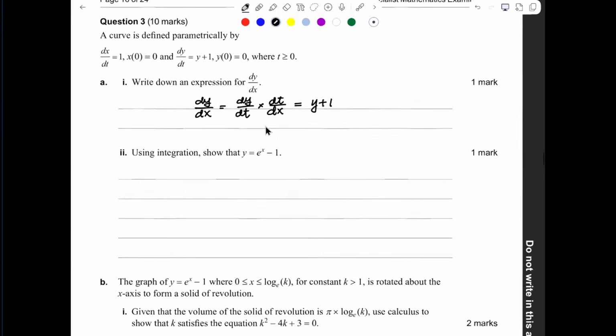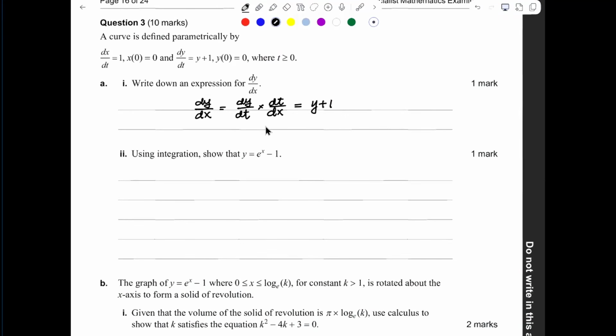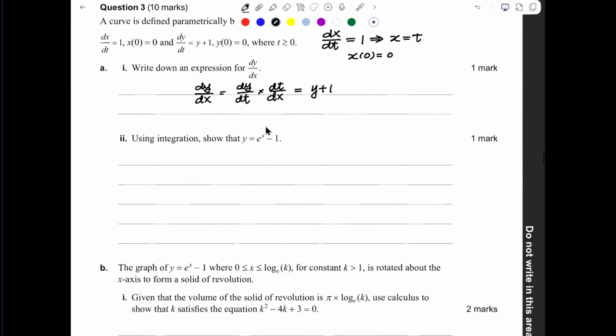So notice that dx/dt equals 1, giving x equals t, all right? And yeah, it satisfies x naught equals 0. So the integration constant will be 0. What happens is now, if x equals 0, y also equals 0 for the same t value.